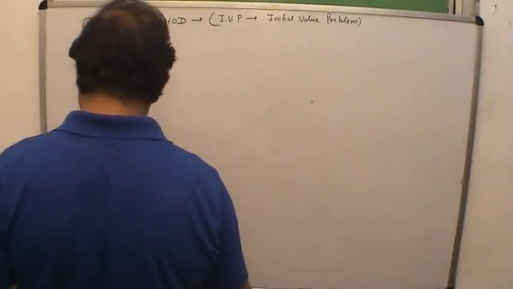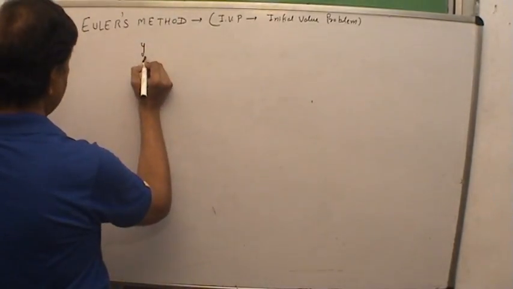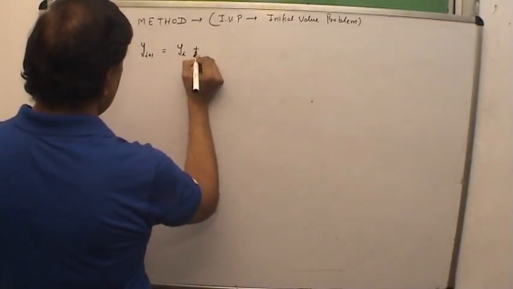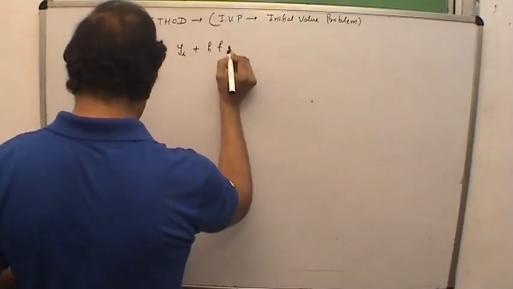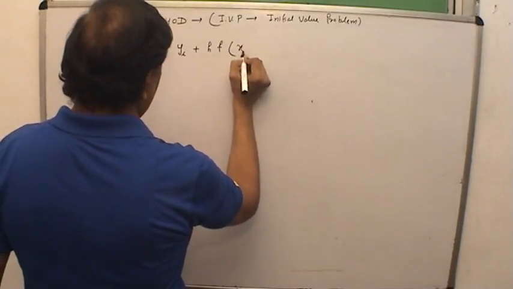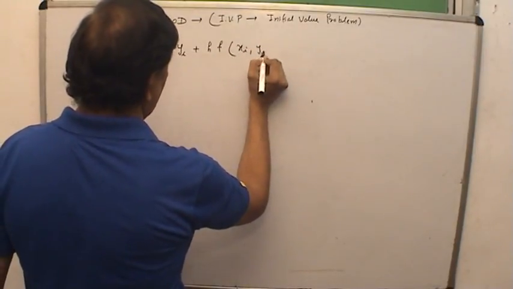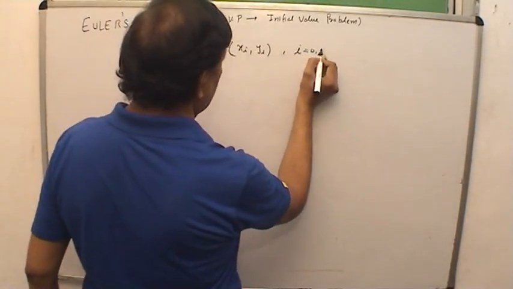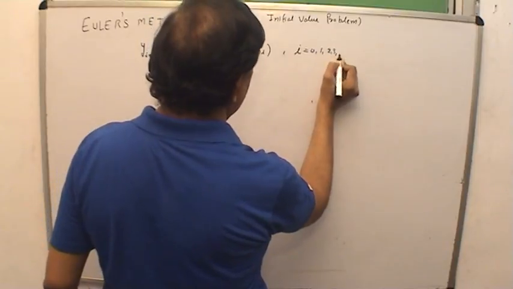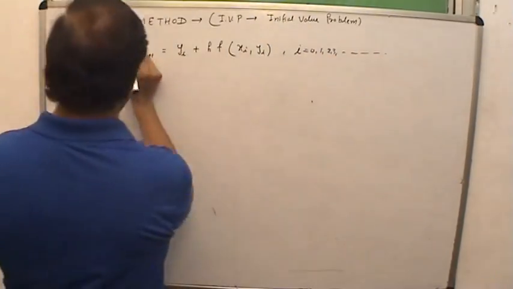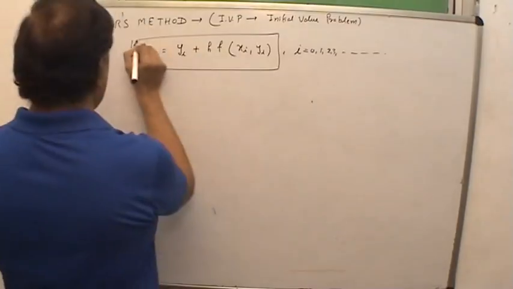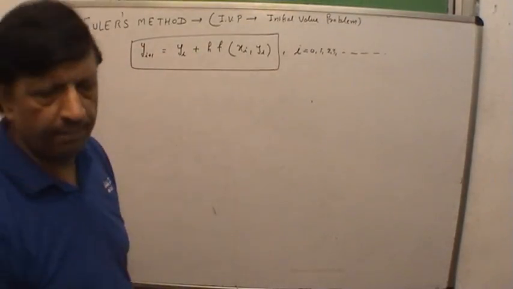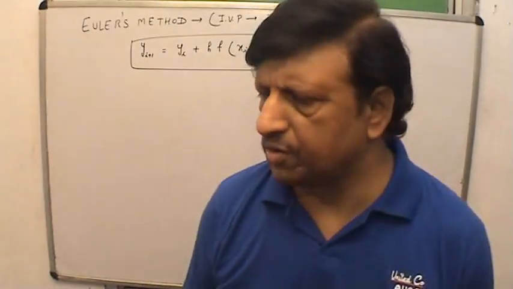Euler's method is a simple one, that is y i plus 1 is equal to y i plus h times f of x i and y i, where i varies from 0, 1, 2, 3 and so on. It is the standard result for Euler's method to solve the linear differential equation.